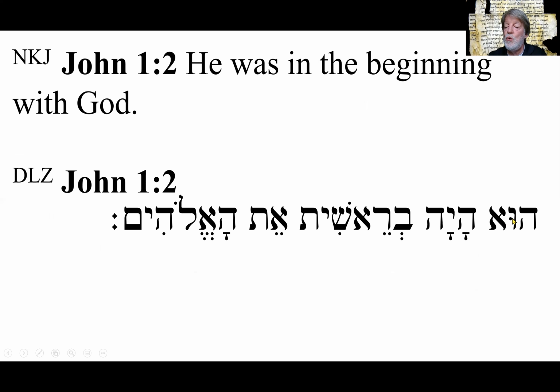So hu, and the aleph isn't pronounced, hu, haya, bereshit, et, ha, Elohim. Hu haya bereshit et Elohim. He was in the beginning with God.